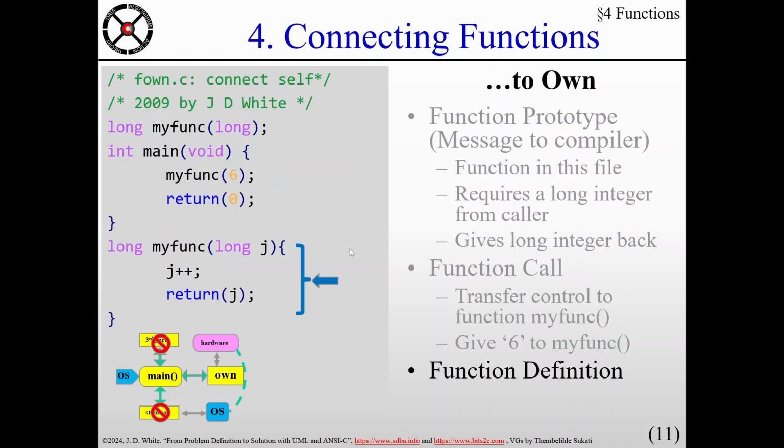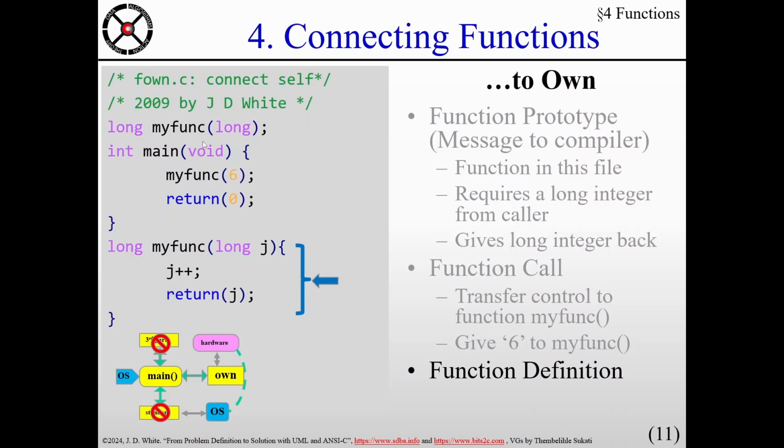The third part is the function definition, right down here. So this shows what the function is going to do. It has its header, it has its return, it says it's going to return the j. And this is what the function is doing. This j++ means add 1 to j.